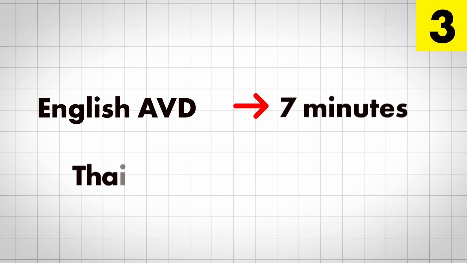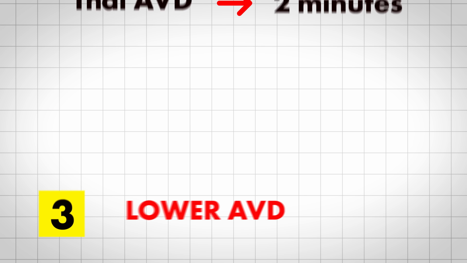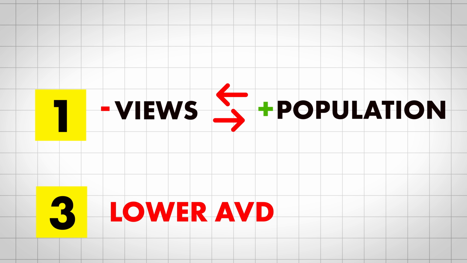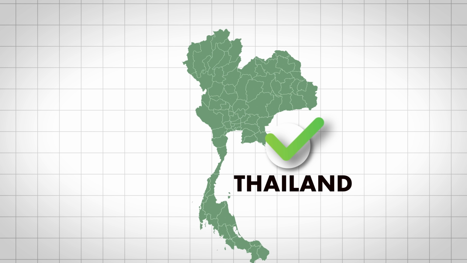For example, it is 7 minutes. Then what we're looking at is, let's say in Thailand, we notice, oh, people are only watching for 2 minutes. And if we have a combination of low AVD and low amount of viewership in that country, and it has low proficiency in English, we could use this as a means to decide to dub into that language. And then you will notice that, hey, you have a strong Thai audience.